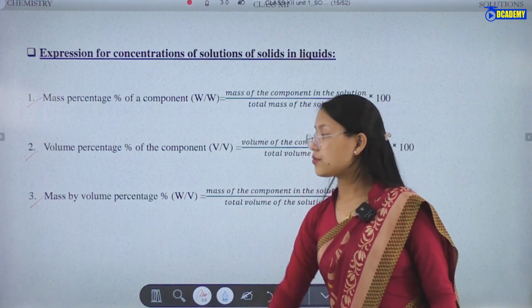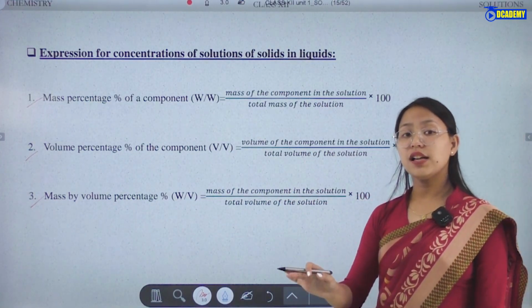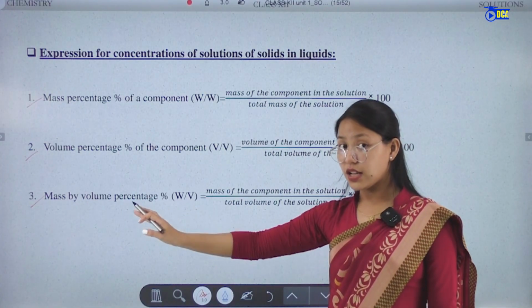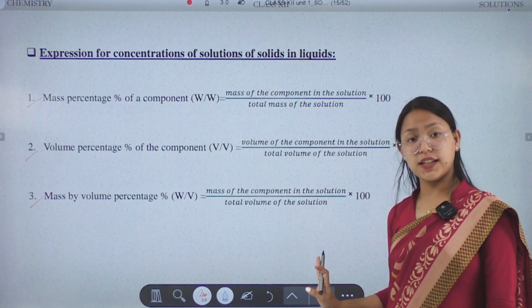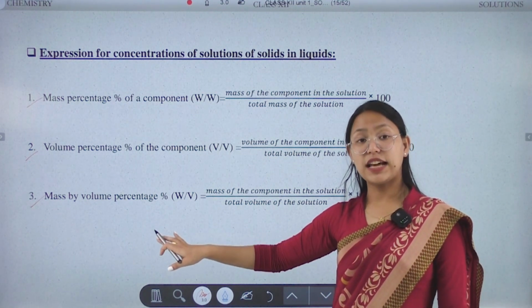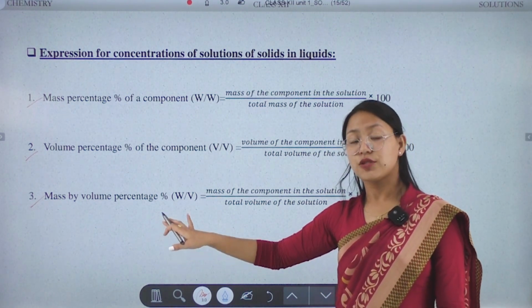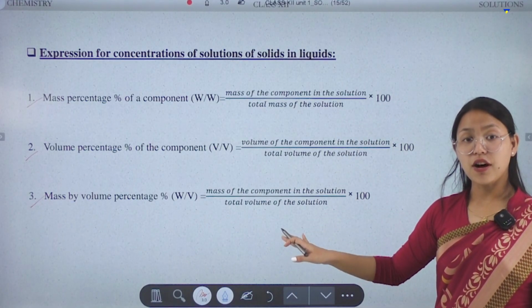Last one, point number 3, mass by volume percentage. Here the volume is of the solution and the weight is the mass of the solute, in kg or gram.